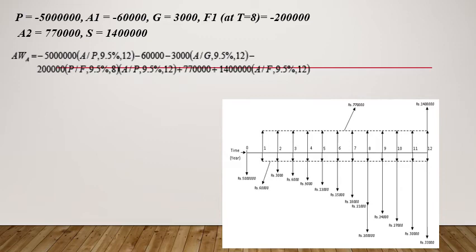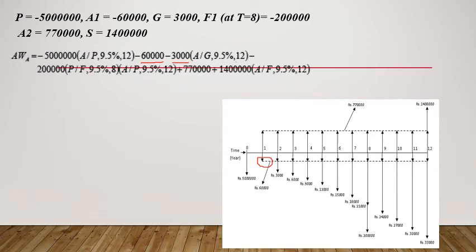It is throughout, starting from the first year to 12 years. So it is already A. Retain it as A. Now let us come to this G. Minus 3,000 multiplied by A by G comma 9.5 comma 12. The argument what we had done in the previous case, how many times G is there? 11 times G is there plus the initial amount.